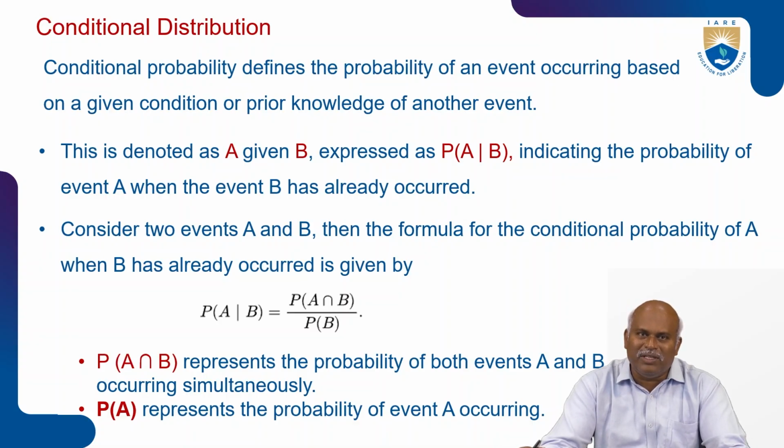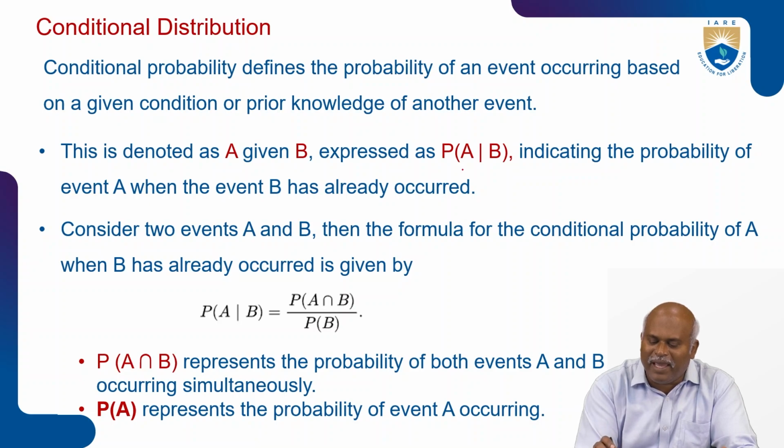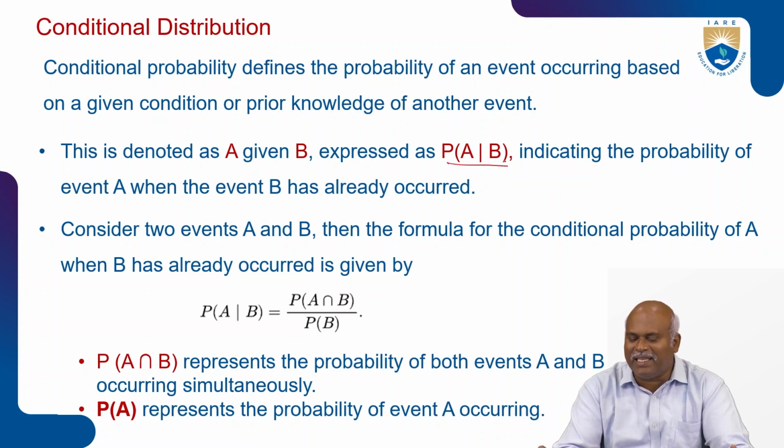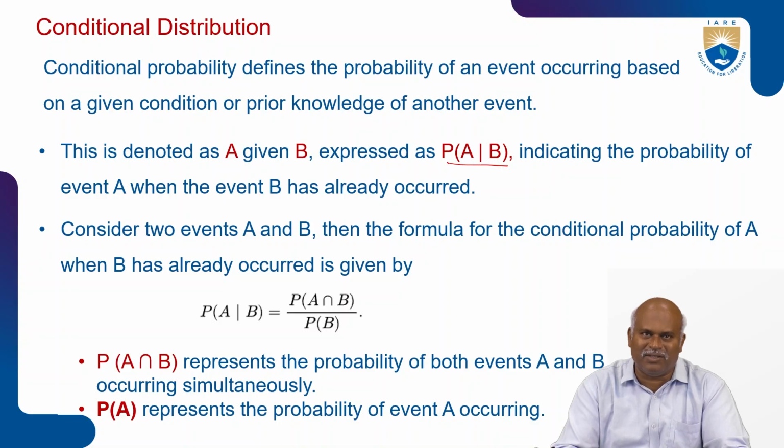I take two events, represented as A and B. It can be expressed as P of A given B. This indicates the probability of event A when event B has already occurred. Okay, this is represented as a conditional case.